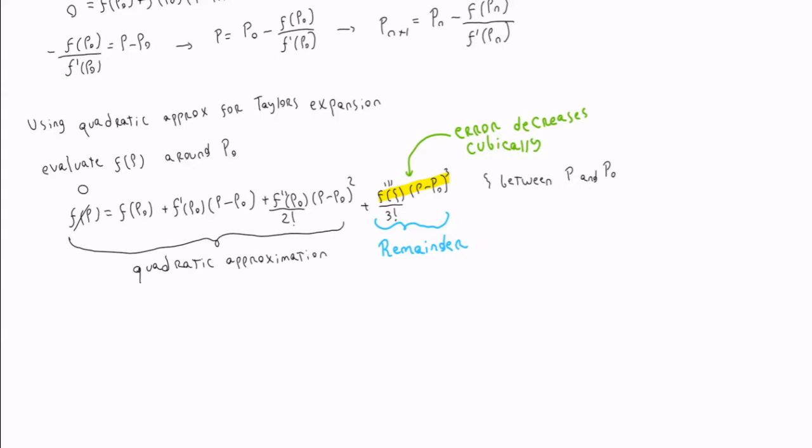So now, since we neglect the remainder because we are using the quadratic approximation, we are left with these terms. Now, we can think of these terms as some sort of quadratic equation. So we can think of p minus p sub 0 as our x term, and then the coefficient of the quadratic term as our a, then our linear term as our b, and then our constant term as our c.